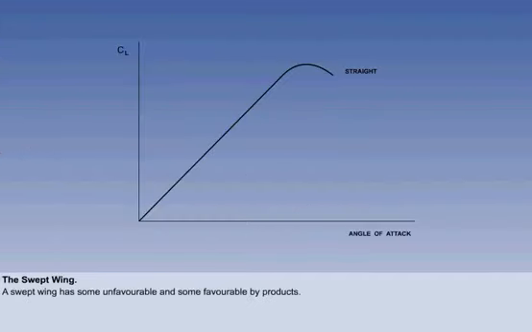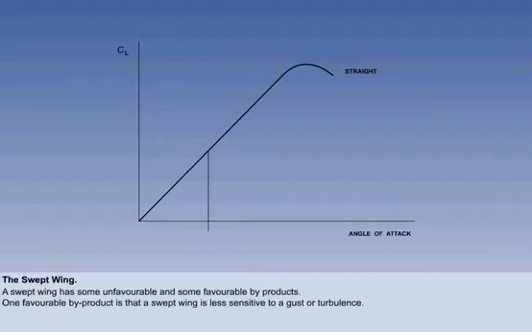To illustrate some of the advantages and disadvantages of a swept wing compared to a straight wing, we can use the lift curve. A favourable byproduct of a swept wing concerns flight in turbulence. Here we can see an angle of attack that results in a certain lift coefficient. If a gust increases the angle of attack, the lift coefficient will increase.